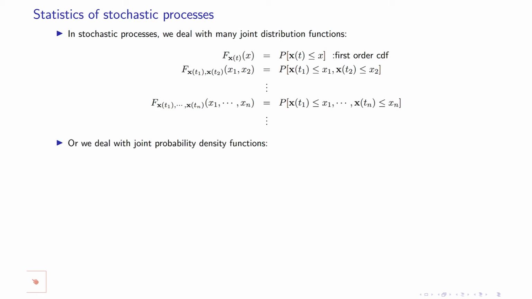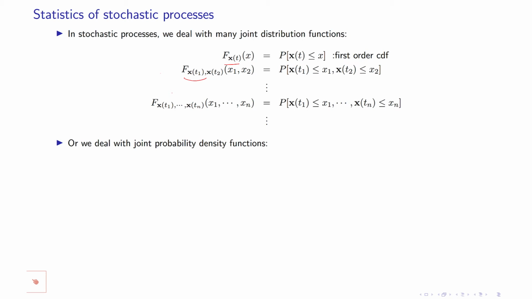The thing that we have to consider here is that if you have the distribution of two samples, the distribution of one sample is a marginal distribution of two samples. So f_X(t1) can be calculated from this one, and each of these, let's say third order, gives you second order.